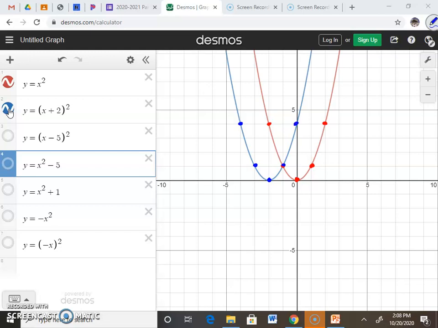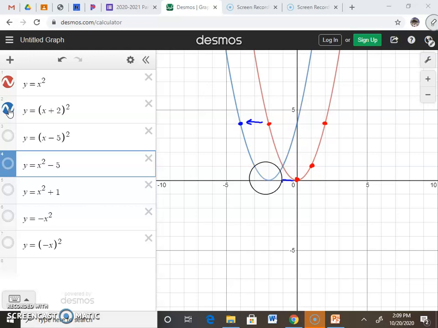Hopefully you guys can notice that this point has moved over 2 spots, and this one, and this one, and this one. This function has shifted to the left 2 times. So when I had y equals (x plus 2) squared, that shifted my function to the left twice.